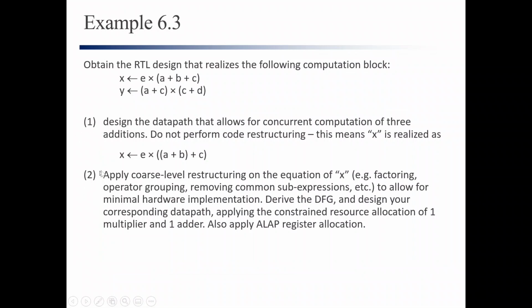So number 2, what you need to do is to apply the coarse level restructuring on the equation of X. Means that this equation to allow for minimal hardware implementation, and derive the DFG and design your corresponding data paths, applying the constraint resource allocation of 1 multiplier and 1 adder. Also apply ALAP, as late as possible, register allocation.